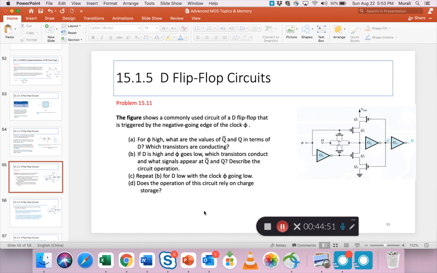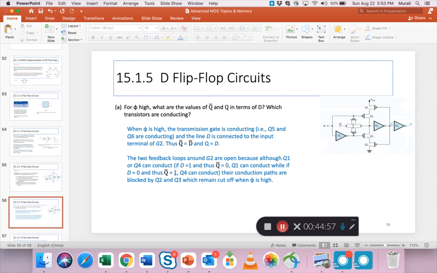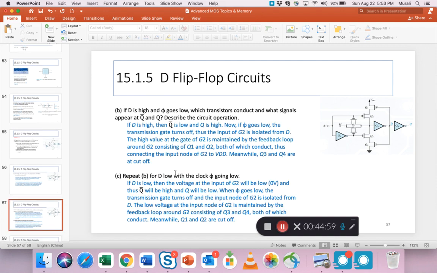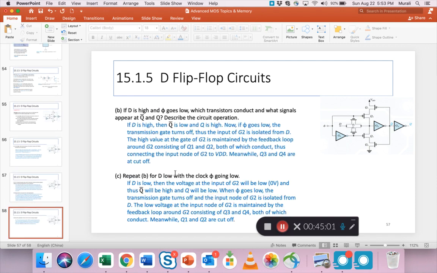It doesn't need any charge storage and capacitors. And I've given the detailed answers for part A, part B and C. They are like each other. Only thing is, when the clock is low, D can be either high or low, and in each case you'll see that either these two transistors create a path or these two transistors create a path, and the circuit operation is described.